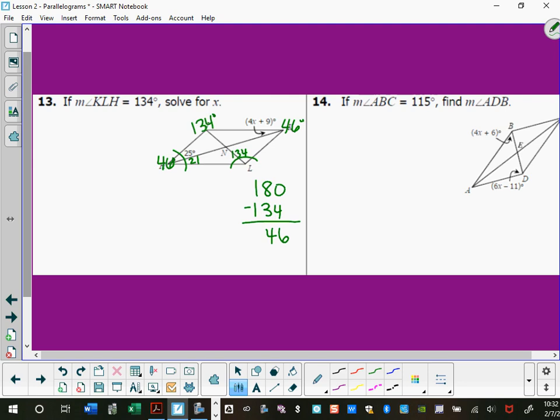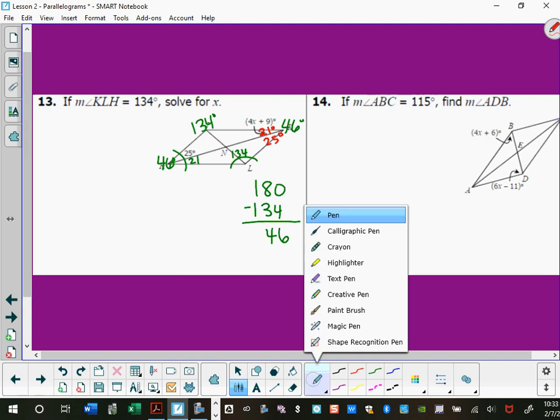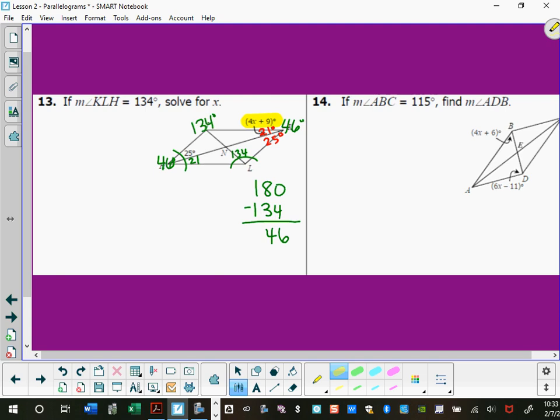Okay, so to solve for x, remember it goes opposite. So this angle was 21 degrees, this angle was 25 degrees. They basically just flip-flop. This 21 was on the bottom for angle H, it's going to be on the top over there. 25 was on the top for angle H, it's going to be on the bottom for angle K. So to solve for x, I'm looking wherever I have x, right there, in that angle.